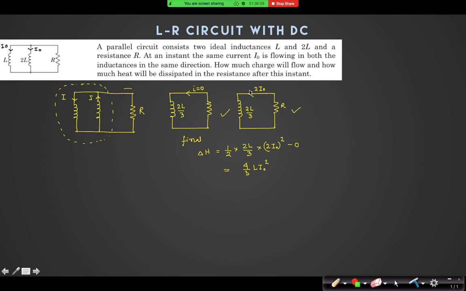Sir, if we consider the equivalent EMF of the two inductors, EMF is not needed. I can definitely find it if the current in the resistor at any time is I. Then that current will be some function of the initial current. Suppose it also follows a plus b e power minus t by tau, yes or no? But we all know that tau is equal to 2L by 3R.